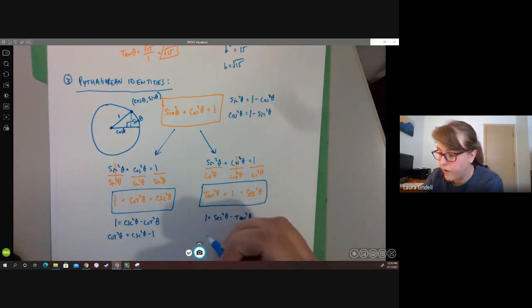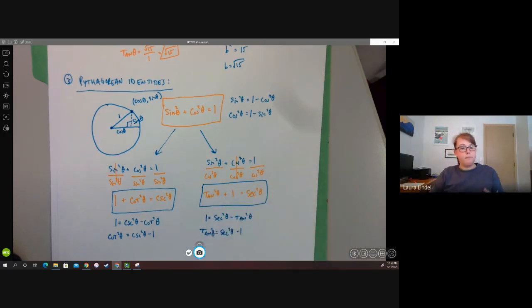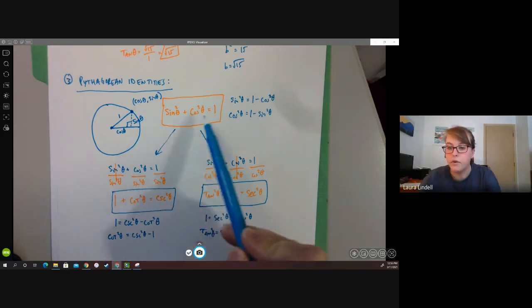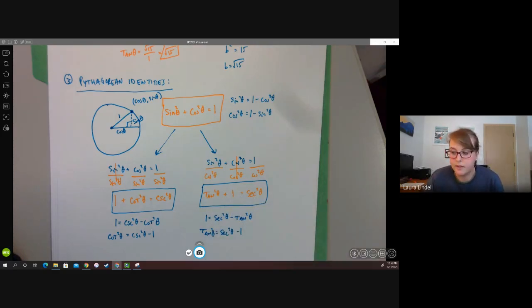Or you could have tangent squared equals secant squared minus 1. So those are basically all of the different arrangements of your Pythagorean identities. Anytime you see something with cosecant and cotangent squared, or sine and cosine squared, or tangent and secant squared, be on the lookout for a possible Pythagorean identity.